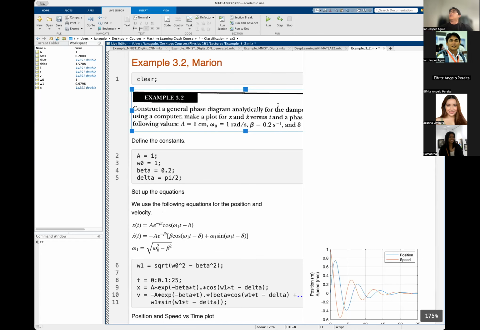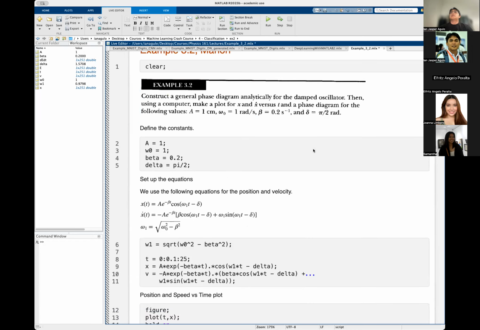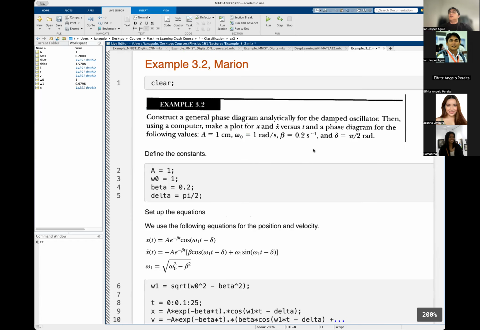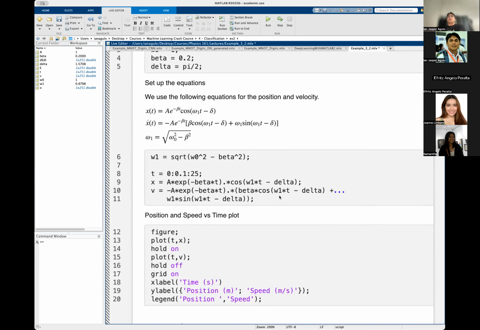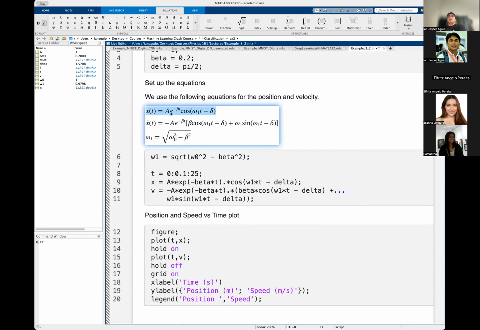So this is the problem: construct a general phase diagram. For that we need the following equations. x of t equals A exponential minus beta t cosine omega 1 t minus delta, where omega 1 is equal to the square root of omega naught squared minus beta squared.